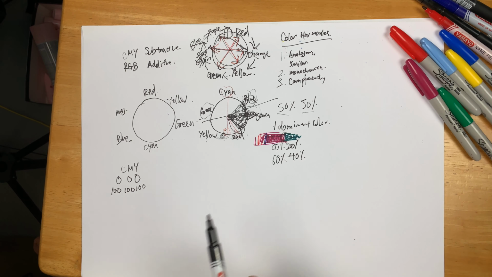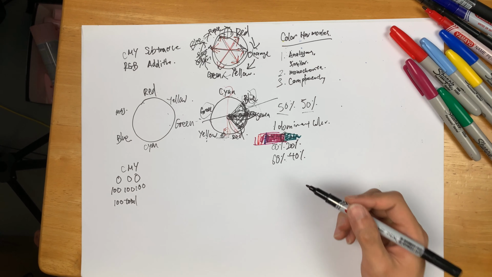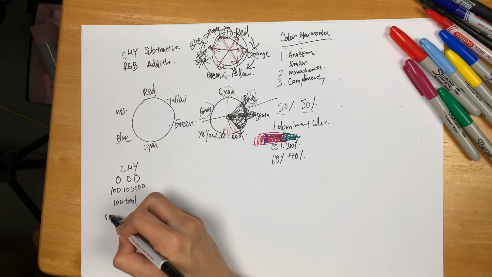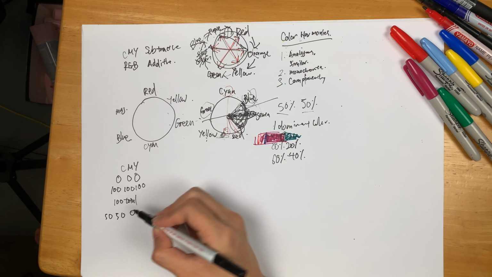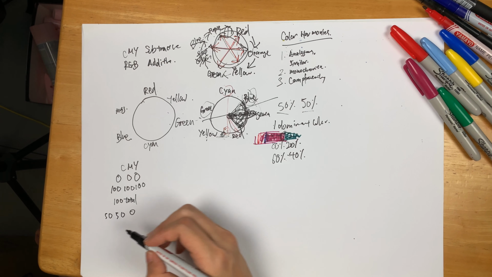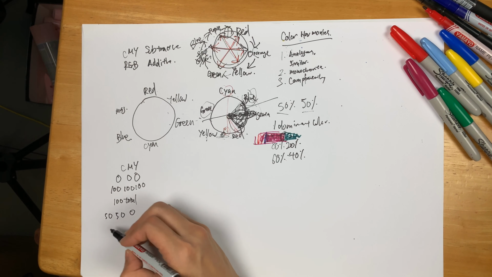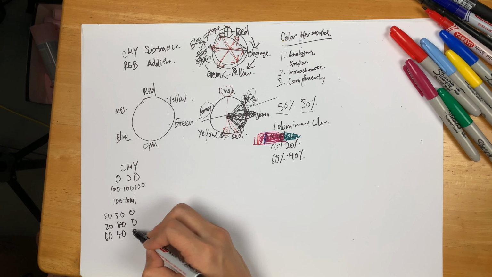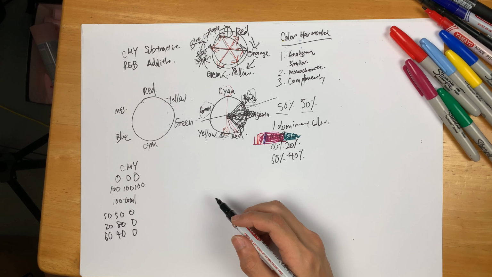That's what it means, and because of this, I will limit to about 100 total of your color mixing. So let's say you do 50 cyan, 50 magenta, and 0 yellow, or you can do 20, 80, 0, things like that, 60, 40, 0, and you can go over a little bit just fine.